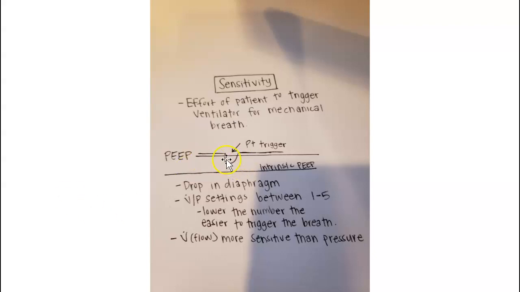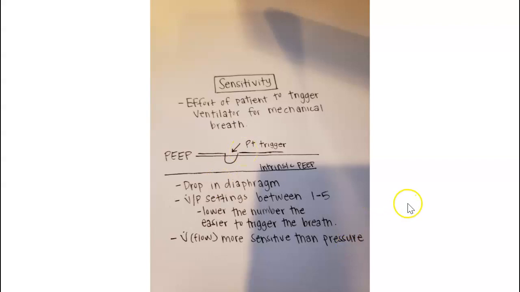So essentially, 2 liters of flow, two little drops in the flow here, just like a 2-liter nasal cannula, for this patient to drop to say, I would like a breath, please.